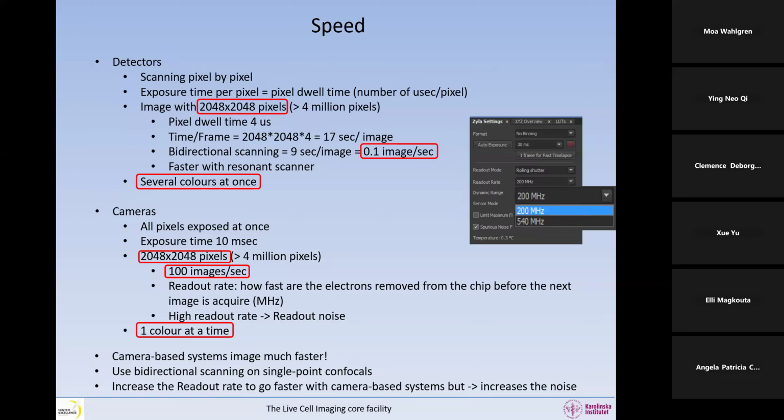In general, there's always a tiny bit of misalignment left, and therefore, if you need the best resolution of the system and the best definition of the image, you should use unidirectional scanning. And on the camera-based system, you should increase the readout rate if you want to go faster, but at the expense of noise. So you're going to get some noise in the image. So this is the way we can change the speed, and we're going to have a little workshop about speed later.